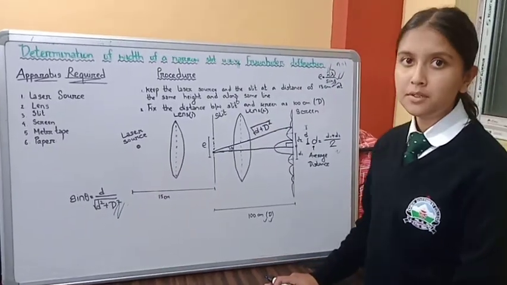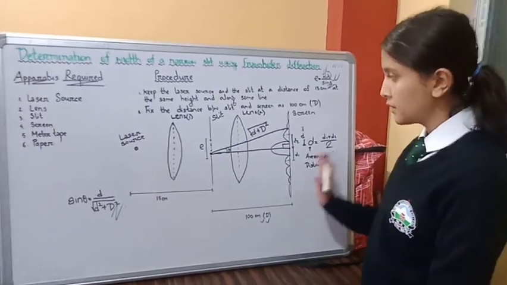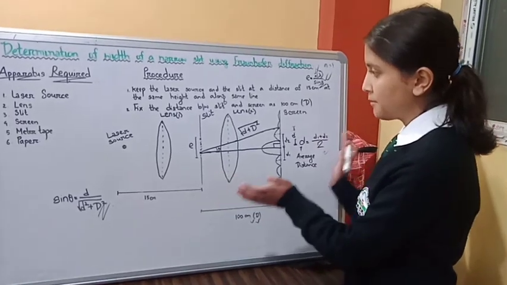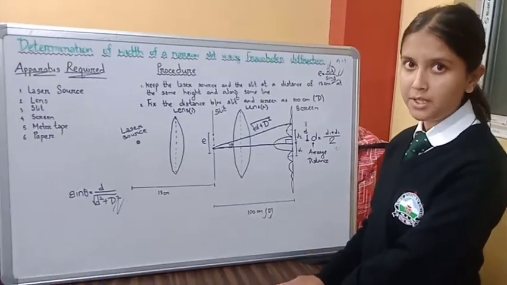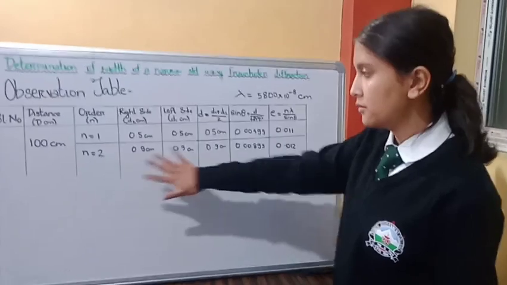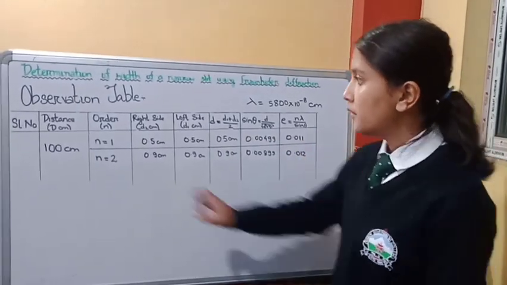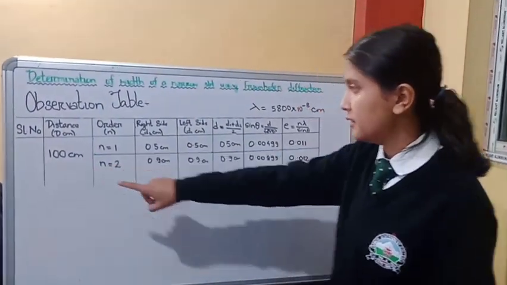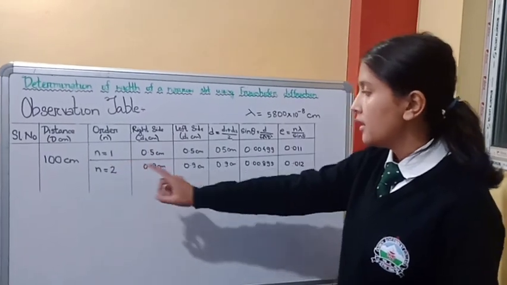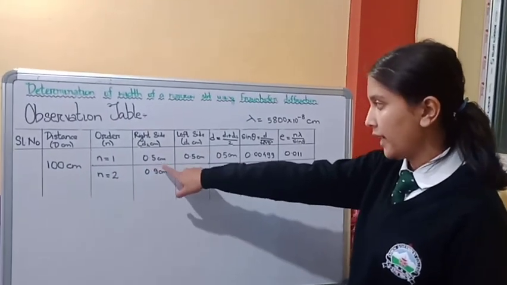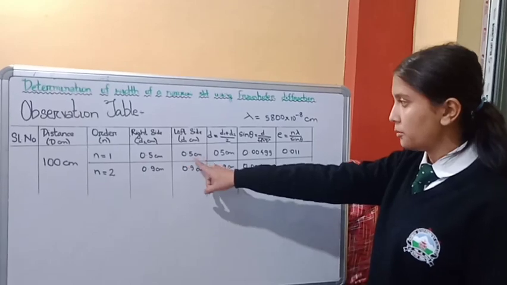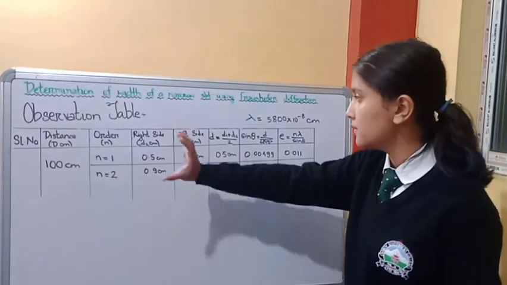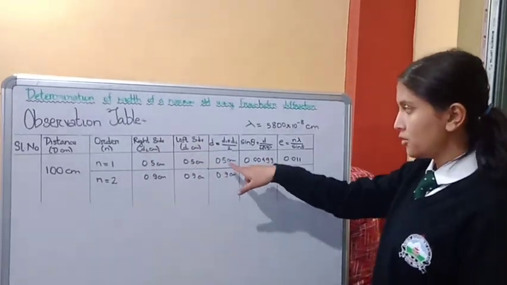Now we note down the values that we have observed from this experiment in an observation table. These are the values that I have observed. For D equals 100 centimeter and n equals 1, D2 is 0.5 centimeter, D1 is 0.5 centimeter, and the average of D1 and D2 is also 0.5 centimeter.